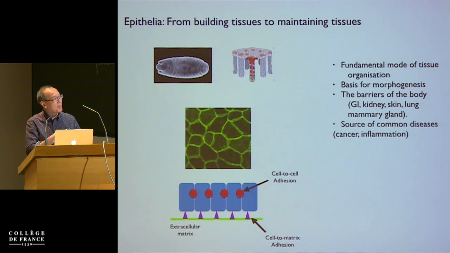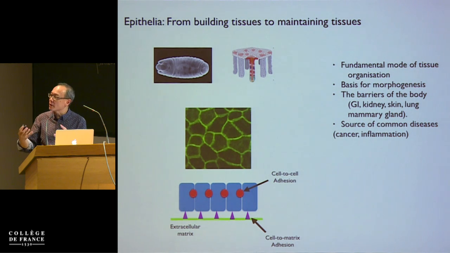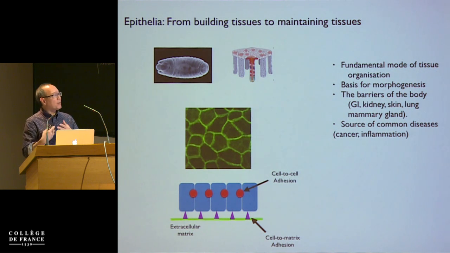Epithelia are, as well as being physiologically important, the source of common human diseases, cancer, inflammation. So epithelia are interesting despite the enormous challenges that they have being those fundamental tissue barriers.